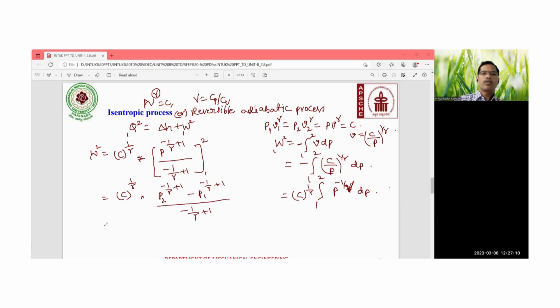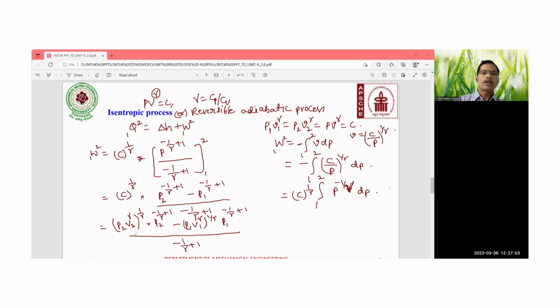Now remove this constant. Let me write it as P2 V2 to the power of gamma, to the power of 1 by gamma, into P2 to the power of minus 1 by gamma plus 1, minus P1 V1 to the power of gamma, whole power 1 by gamma, P1 to the power of minus 1 by gamma plus 1, divided by minus 1 by gamma plus 1.